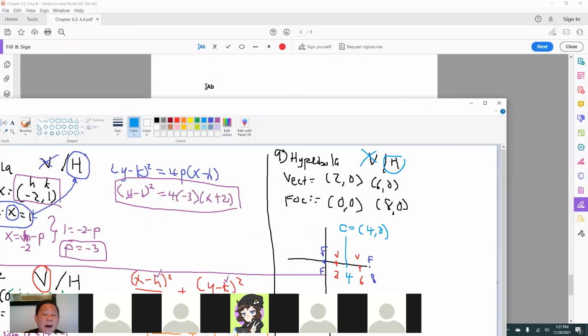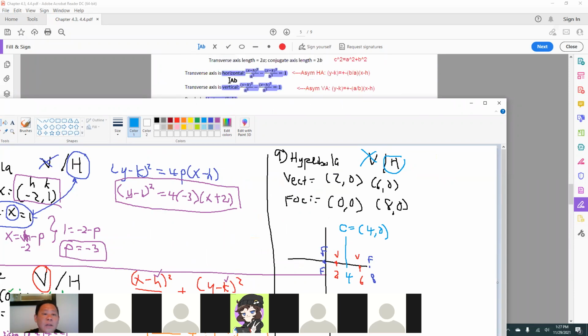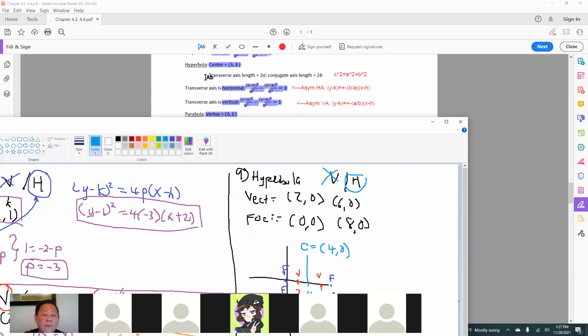Since this is a hyperbola having a horizontal transverse axis, the formula we are using here is going to be the first one: x minus h squared over a squared minus y minus k squared over b squared equals 1.